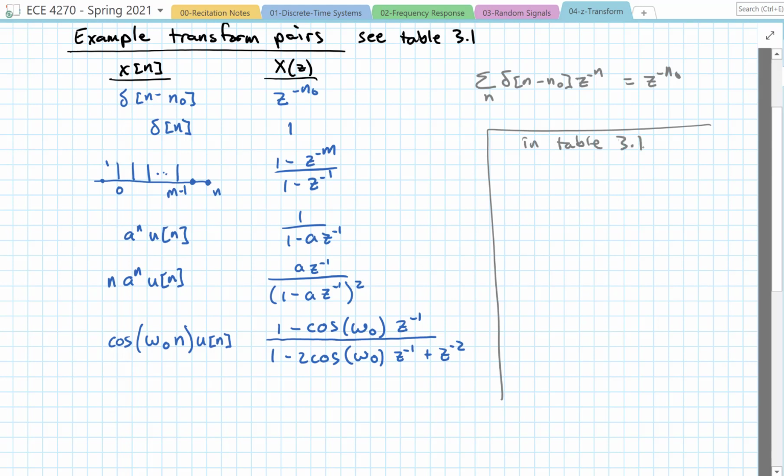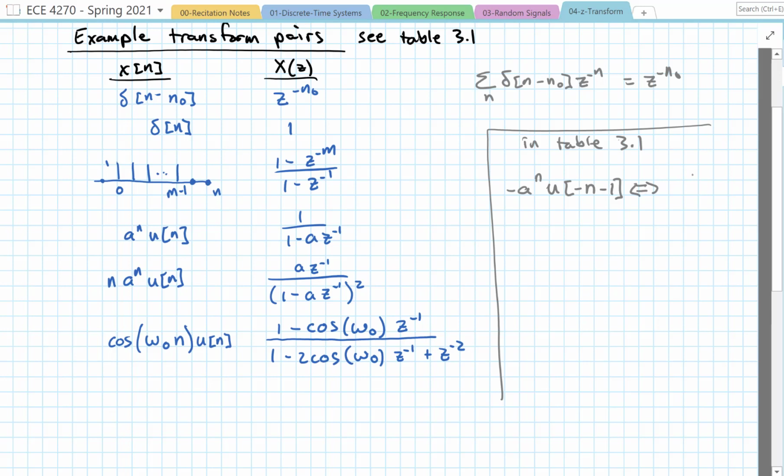We will not be dealing with left-handed sequences in our discussion and in this class. But let's assume you had one. You would get something like negative a to the n u of negative n minus 1, which is in table 3.1.